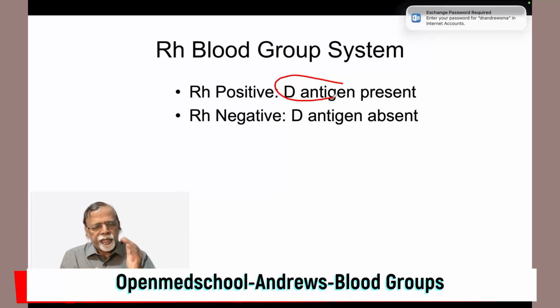Suppose a person has A group blood and the D antigen is present, it is called A positive. In the same way it can be B positive or B negative, AB positive or AB negative. Hope the terms A positive, B positive, AB positive, O positive, O negative are clear to you.